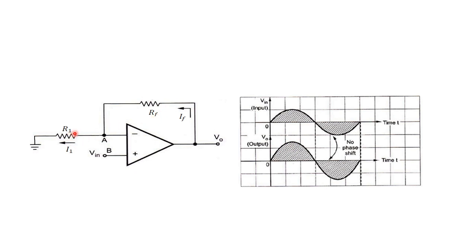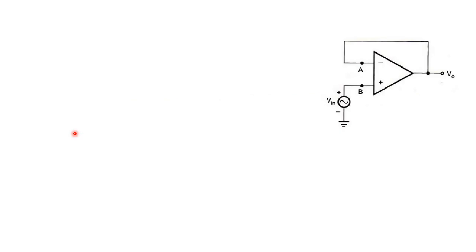and R1 resistance. And the next circuit, we can see that there is no feedback resistor and also no input resistance. The input is given to the non-inverting terminal; the input resistor and feedback resistor are both not available.